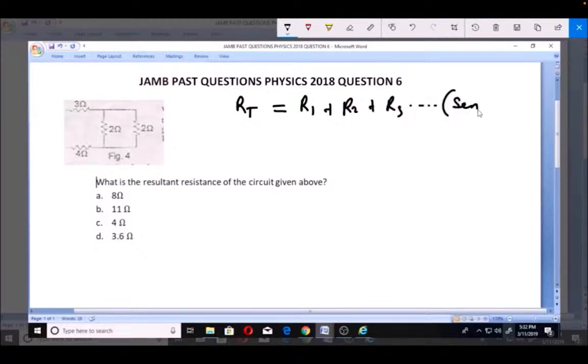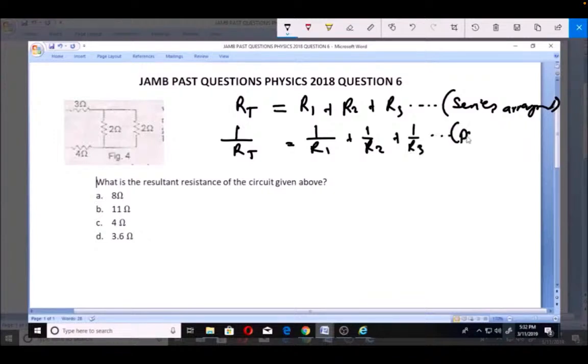This is for a series arrangement. Now, if they are in parallel, it's going to be 1 over R total equals 1 over R1 plus 1 over R2 plus 1 over R3. So this is for parallel arrangements. So these are the two formulas for calculating.